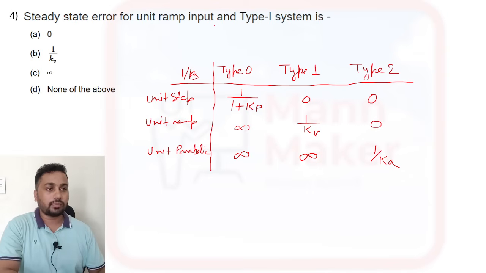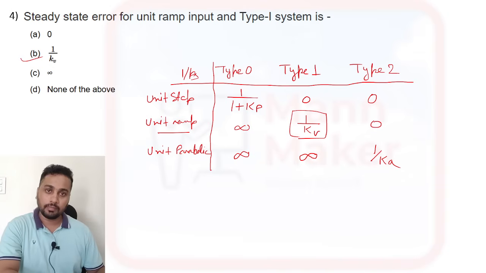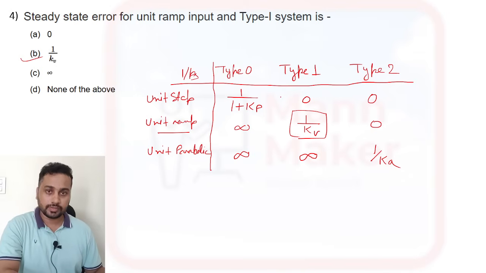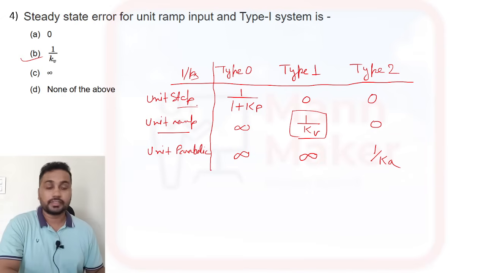Here they have asked for ramp input and a type 1 system, so the answer will be 1 by Kv. If they ask, for a system with unit step input and zero steady state error, what type of system it is, you have to answer type 1 and type 2.